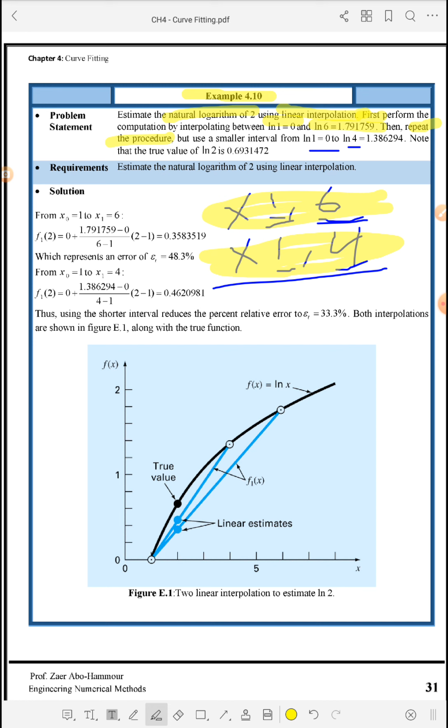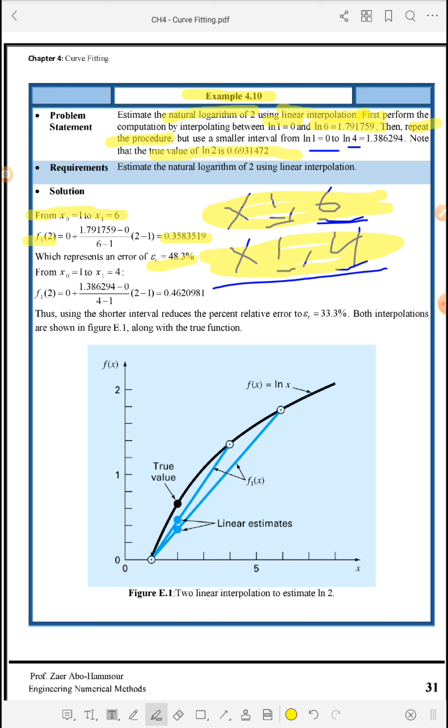So here the solution between 1 and 6, we have this first order polynomial, and we estimate it at x equal to 2, and finally we will get this answer, and it has a relative error because here the true value is given, which is equal to 0.69 something.